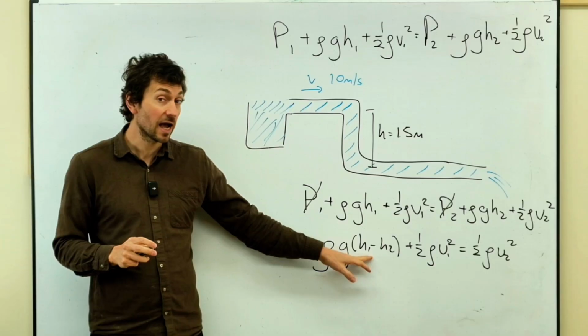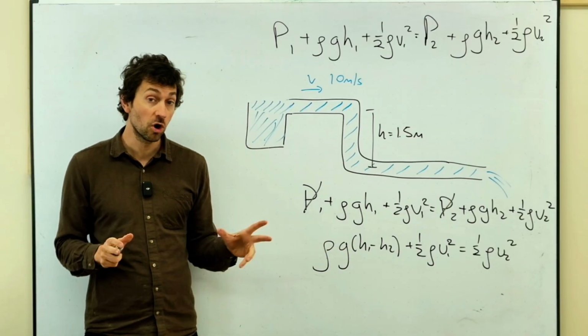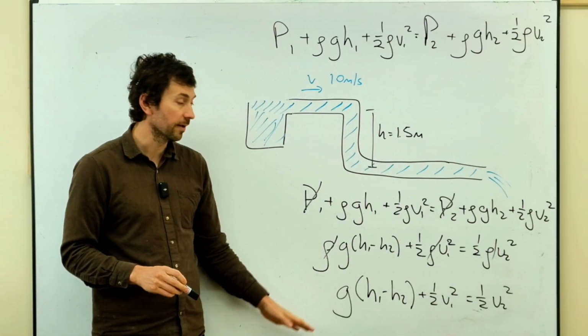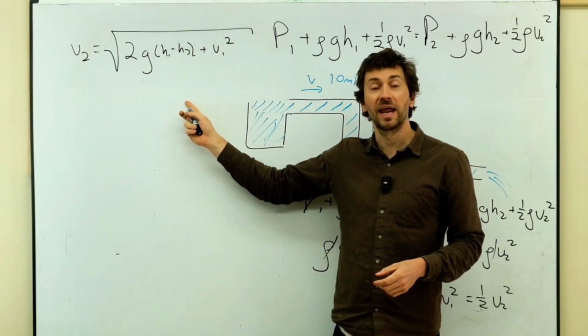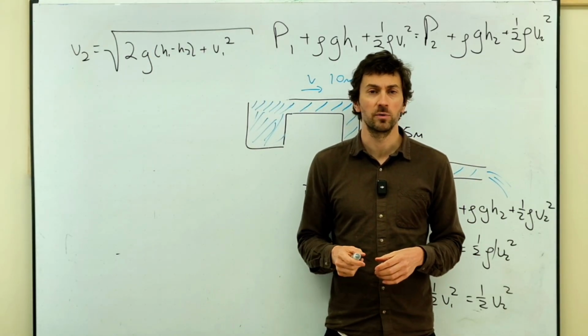So again, this is the height differential. And you can see that all these terms actually have rho as part of them. So we can already cancel out the rho term. Okay, there it is. I can solve this equation for V2. I get this here: square root of 2g delta H plus V1 squared.